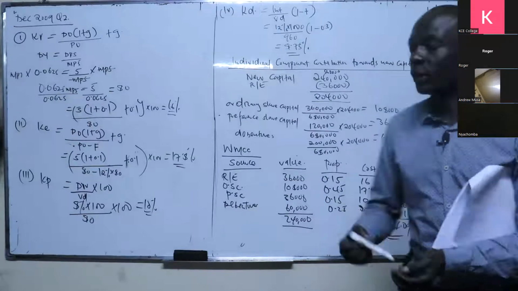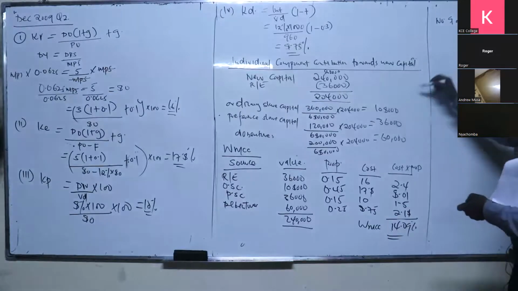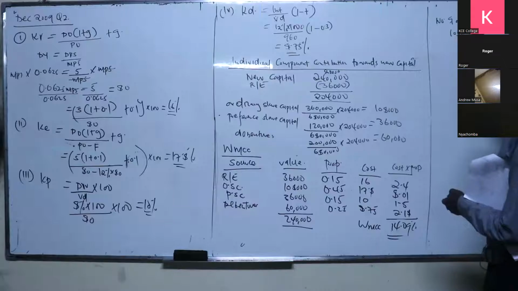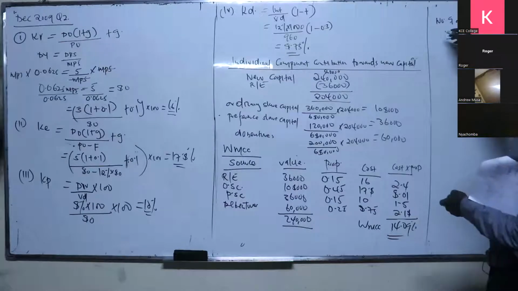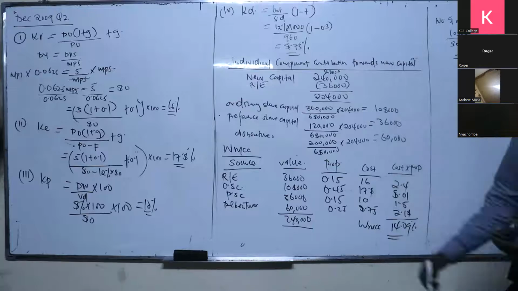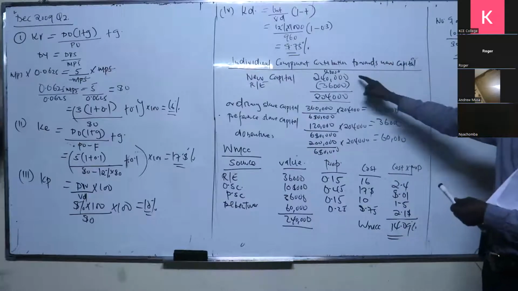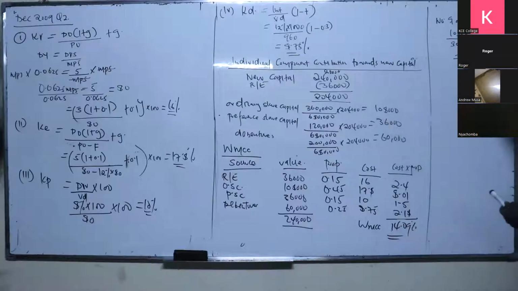Sasa. So this question also required us to compute the number of ordinary shares to be issued. So the value of shares to be issued is 108,000. And then the market price per share ilikuwa ngapi? 80 minus 12% of 80. So how many shares are going to be issued? This is the total value of the shares to be issued towards the new funds, towards the new projects. Now they want us to determine the number of shares. So we take the value of shares and divide by the market price per share.